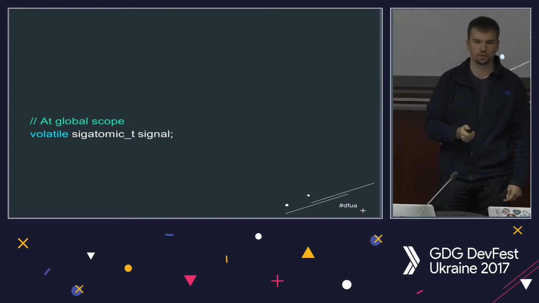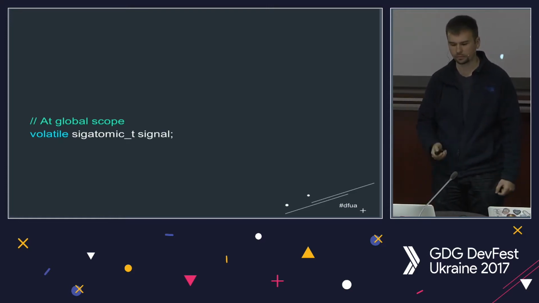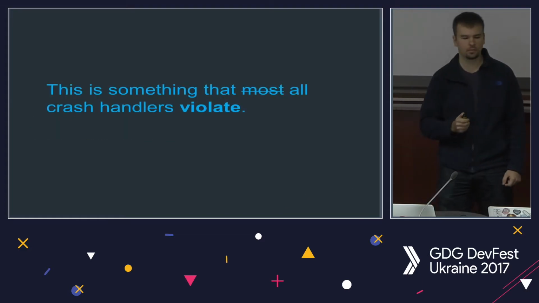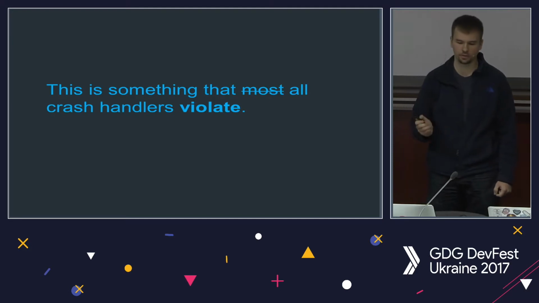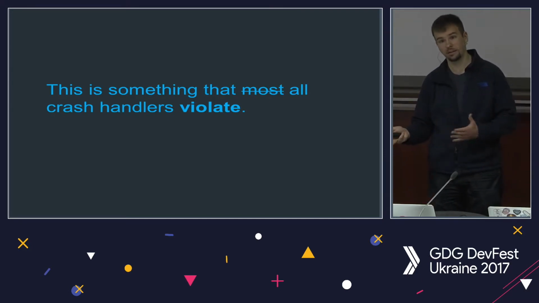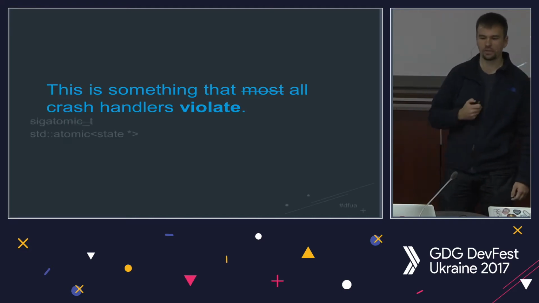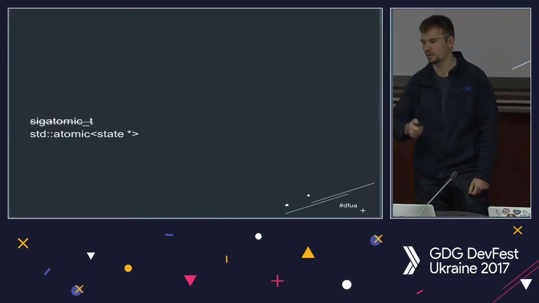But you can imagine this is a pretty limiting constraint. And in fact, if we were to write a 100% compliant and correct signal handler, we wouldn't be able to do anything useful. This is why every NDK crash handling framework violates this constraint. Technically, it's incorrect. Practically, it works. The way we violate it is we trade that atomic integer for something called a std::atomic.